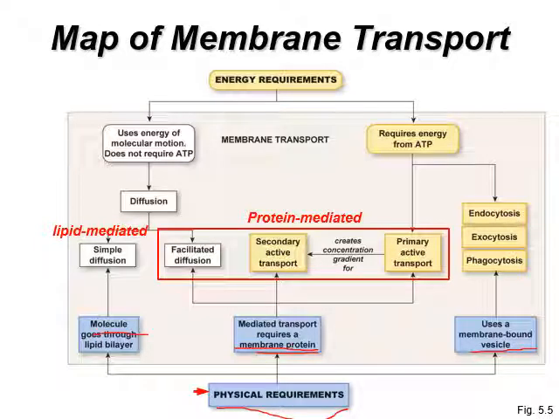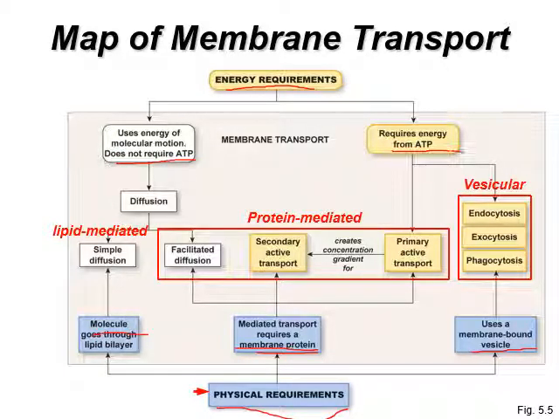The other, we saw energy requirements. Some movements don't require energy, others do. The first one we're really going to talk about is diffusion. Okay, it can be simple or facilitated.